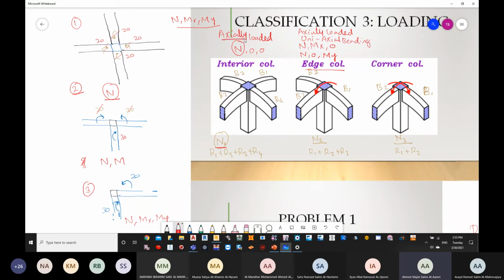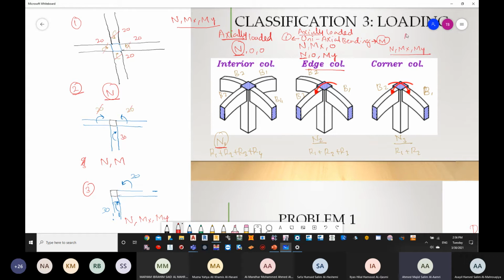When I say axially loaded, we are referring to n. Axially loaded means there is n. Uni means 1. Bending means moment. So we are talking about one n and one moment. Last is going to be n, mx, and my, moments in both directions.